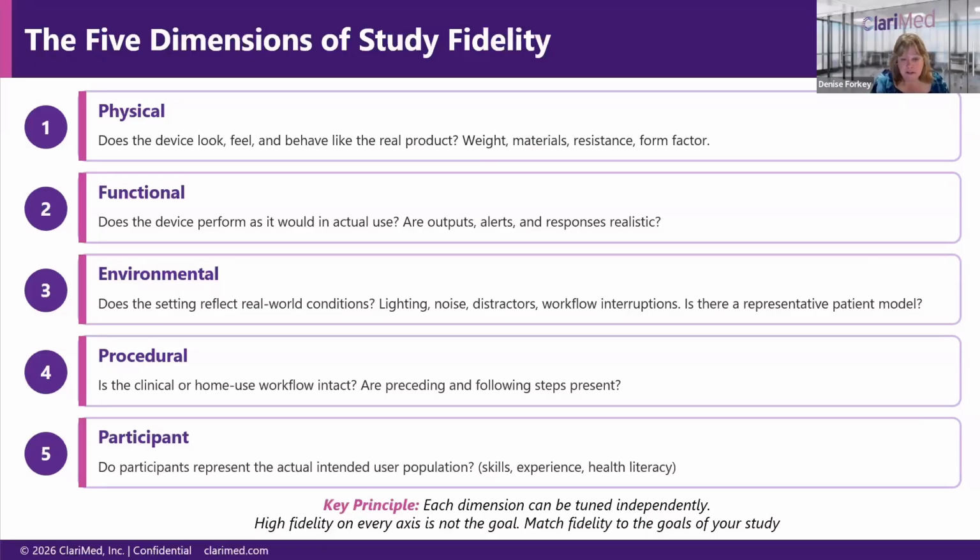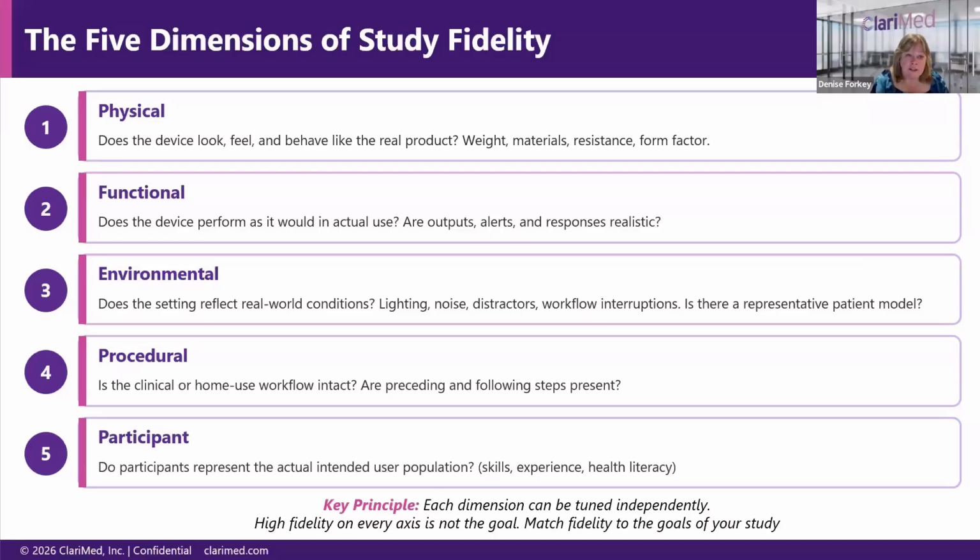So if you're testing a syringe or an injection pen, and the force required to push the plunger down is not representative of the final product, because it's a really rough prototype, then you wouldn't necessarily want to get information about risks related to applying enough force in that prototype.